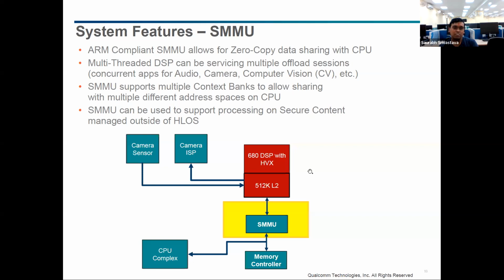Abhikrant, one question that comes to my mind is, in these context banks, does this also mean that when you are building these applications, audio, camera, computer vision, you're using static addressing, that the addresses that a particular app can access are basically static? Yes, right. So this flows up, that you have to do that at the time of building the application itself. Right.